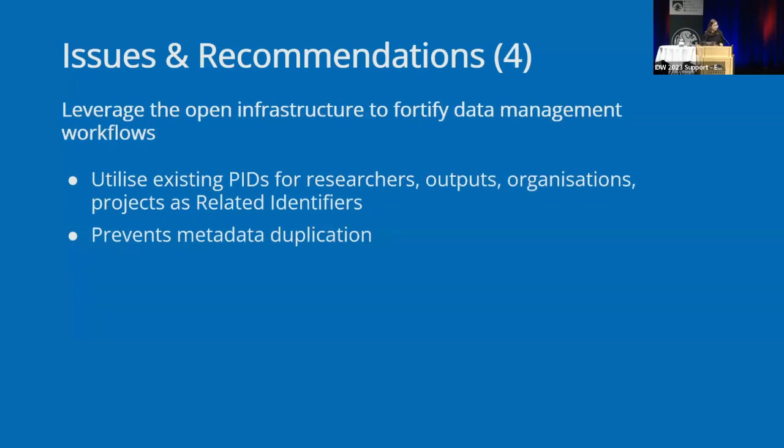Also using open infrastructure, right? A lot of the conversations ended up being around other PIDs and related identifiers. So we were talking about, okay, in our space we should probably have the institution information, and actually RORs have the institutional information.